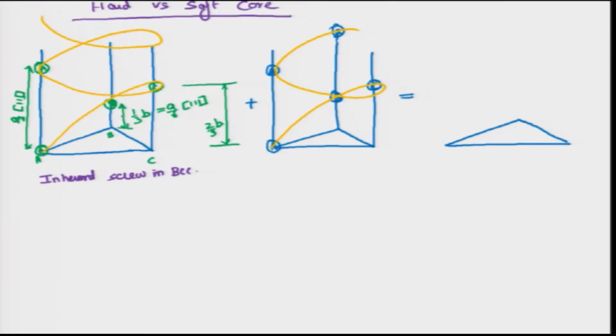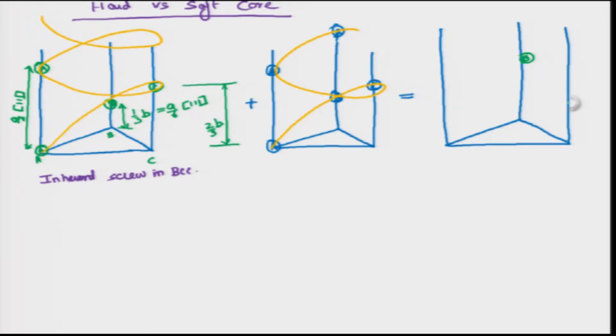Here this is 1 by 3 b, this is also 1 by 3 b. So, the displacement in this direction is 1 by 3, and the displacement in this direction is 1 by 3. So, the displacement in the B row will now become 2 by 3 b. So, this will be now somewhere over here. Over here the displacement was 2 by 3, here the displacement was 2 by 3 b. So, it becomes 4 by 3 b, which is equivalent to 1 by 3 b.